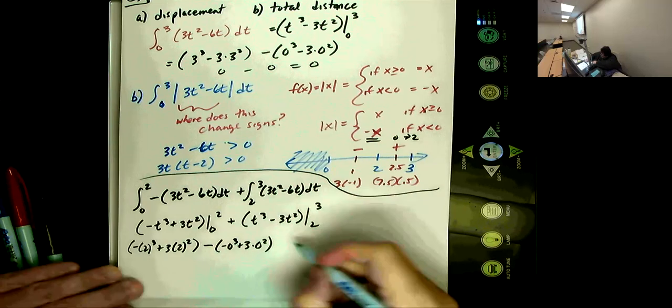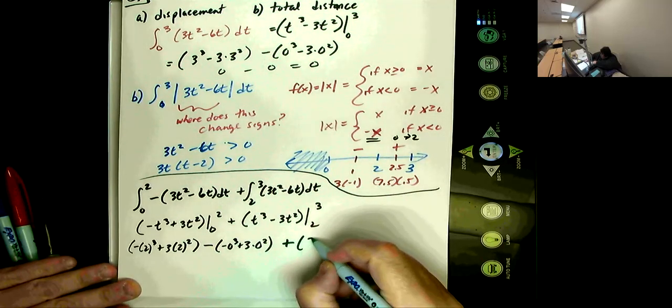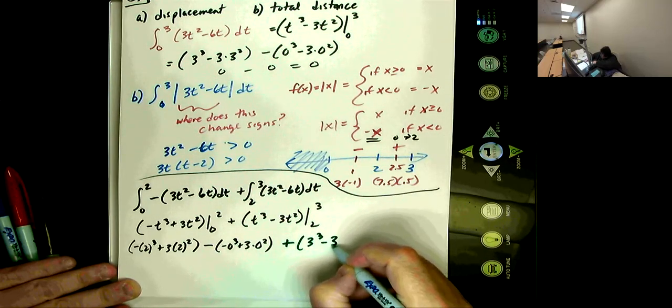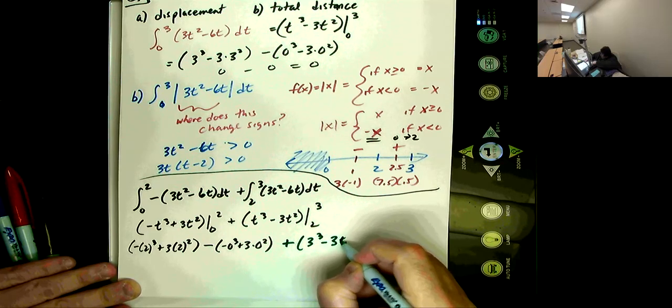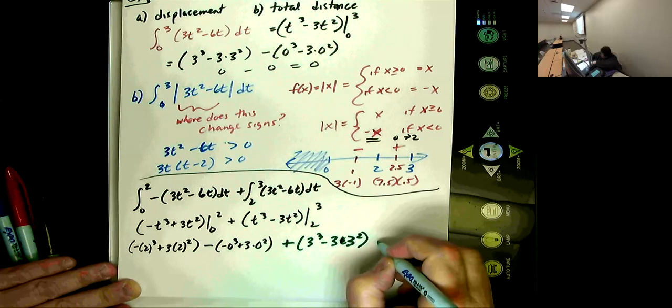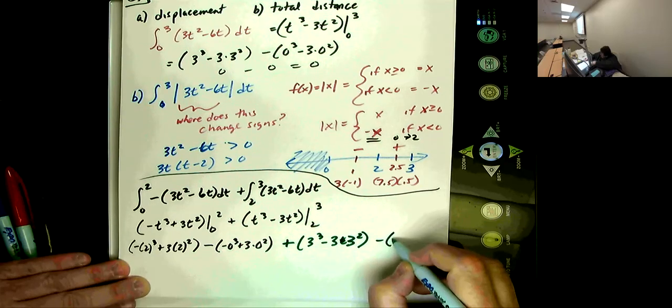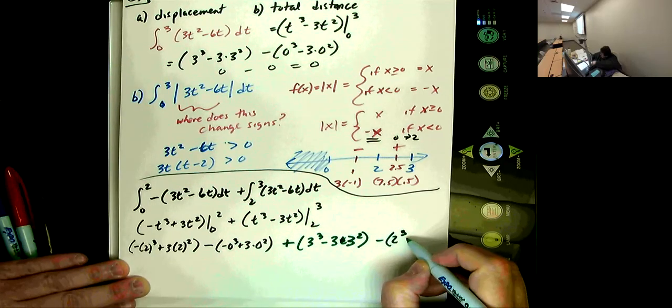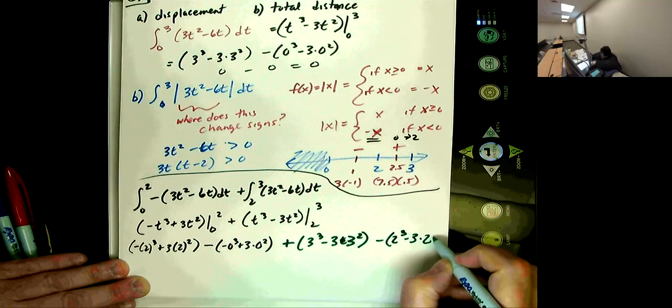Here I've got plus 3 cubed minus 3 times 3 squared, minus t cubed minus 3 times t squared.